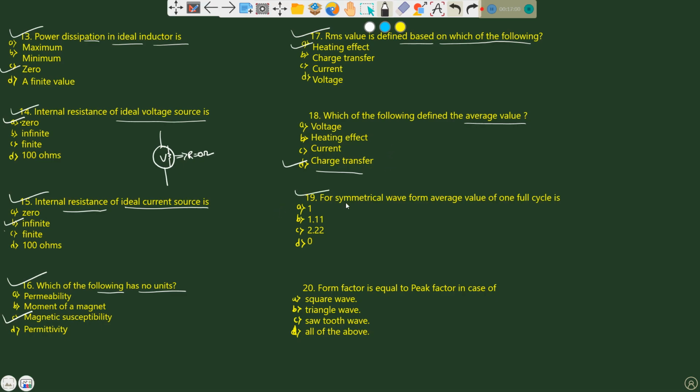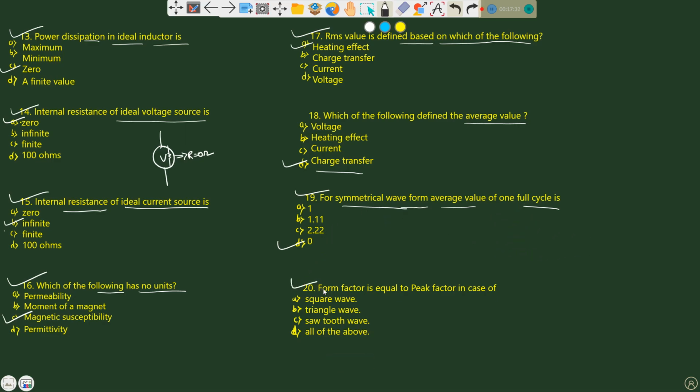So next we have, for a symmetrical waveform, average value of one full cycle is what? They are asking. For a symmetrical wave, you will be having 0 as the value for one cycle because they will get cancelled. The positive half cycle and negative half cycle get cancelled when averaged. So you will be getting 0 as the answer.